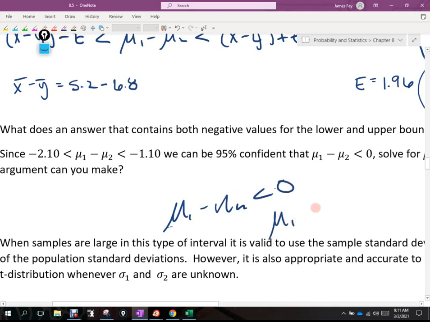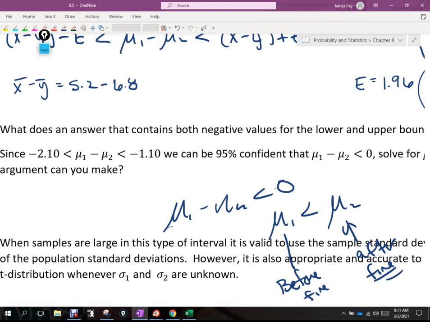So mu1 is going to be less than mu2, right? Mu1 was the average of the population, the mean of the population before the fires. This is after the fires. So were the biologists right that because of the fires, fishing got better? Does that kind of make sense to everybody?